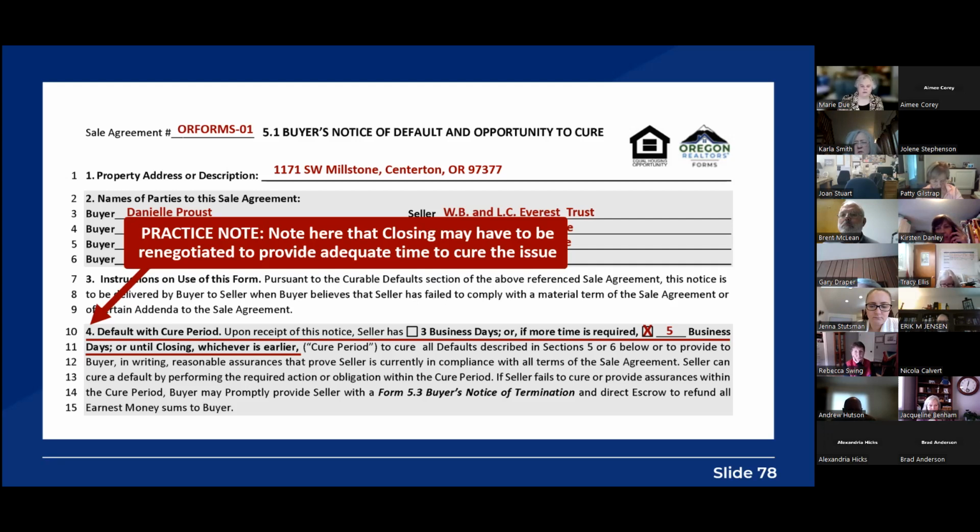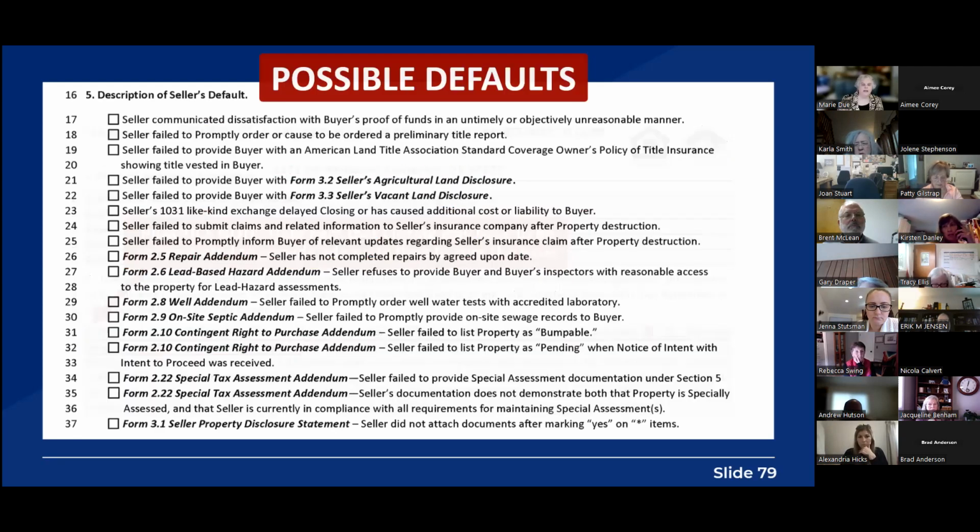And then cure all defaults as described in section 5, which we'll get to here in a minute, and provide the buyer in writing. This is all of the possible defaults. Look at all of this. Seller communicated dissatisfaction. Anything having to do with the transaction in any of the forms is listed on here. So there's a long list.